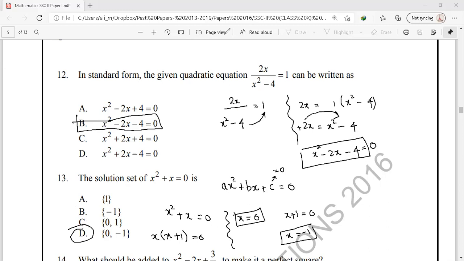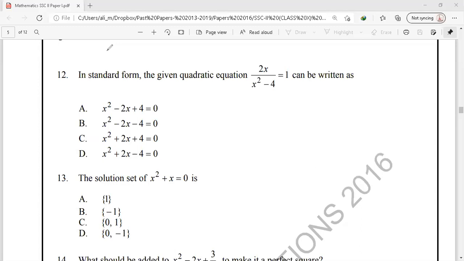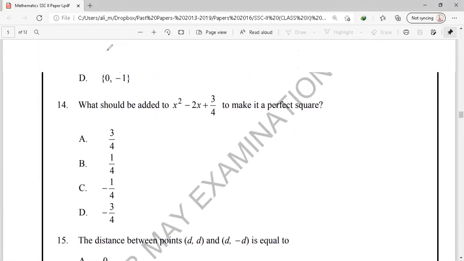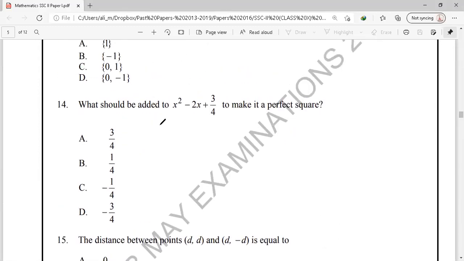So let's move to the other question, that is question number 14. In question number 14, we have to find what term should be added to make this expression a perfect square. So let's try to make this a perfect square: x square minus 2x plus 3 over 4.